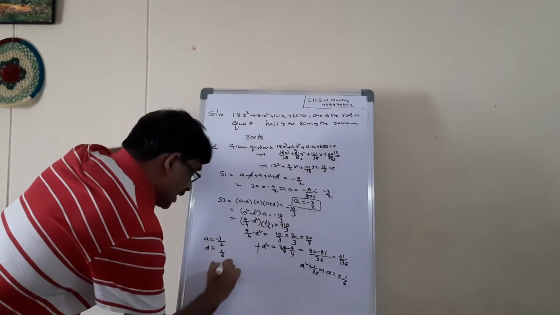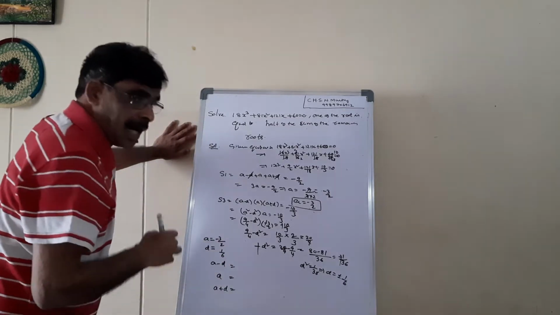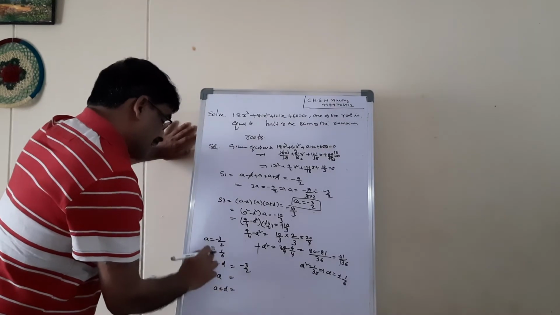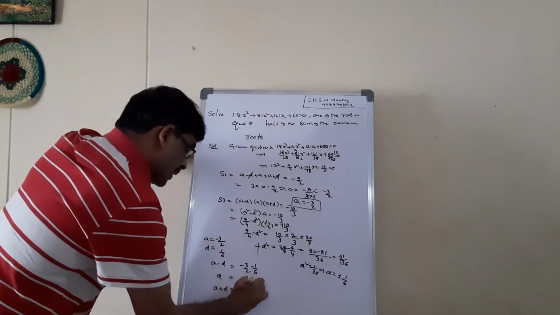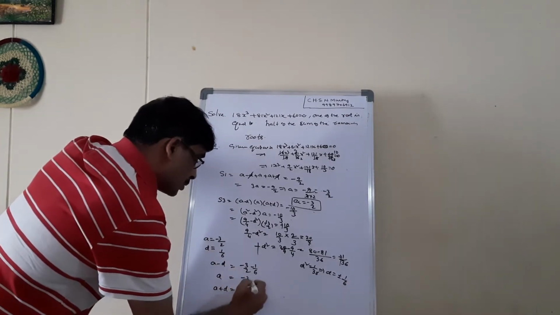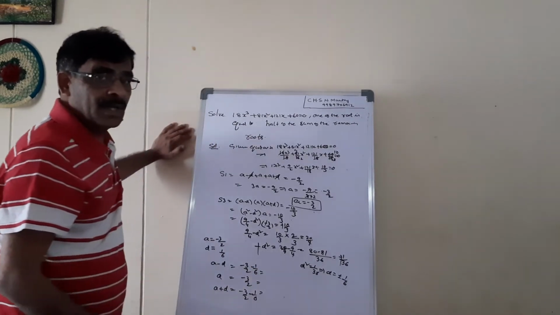A minus D, A, A plus D. A is 3 by 2, D is 1 by 6. Here A minus D is 3 by 2 minus 1 by 6. If you simplify this one, you will get the answer.